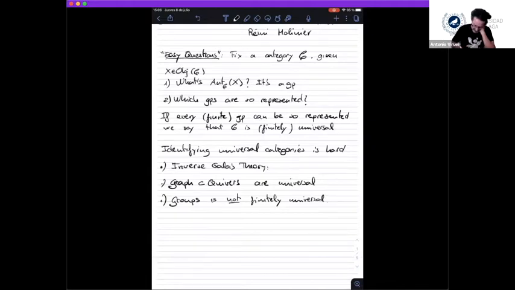For example, there is no group G such that the full group of automorphisms of G happens to be a cyclic group of an odd number of elements. It's an interesting, easy but tricky question. Try to prove this.